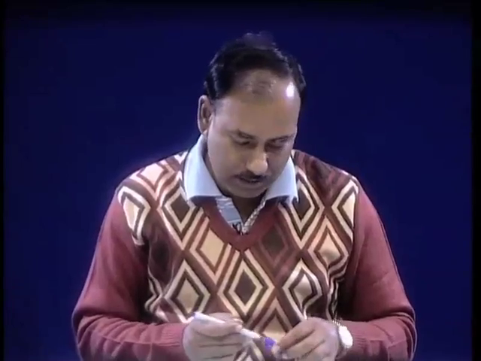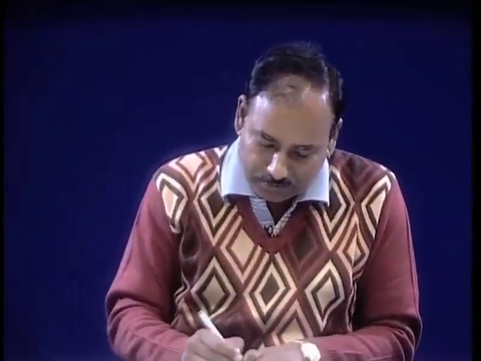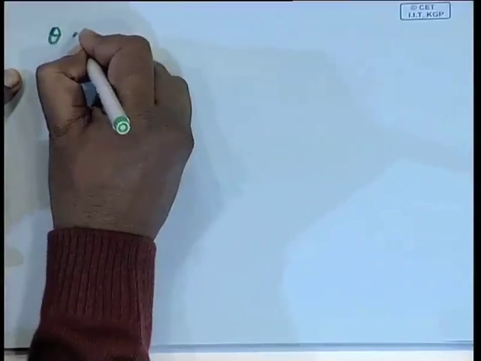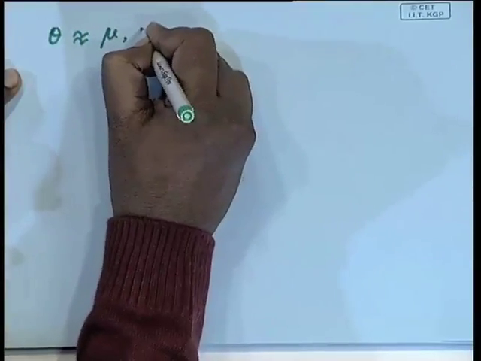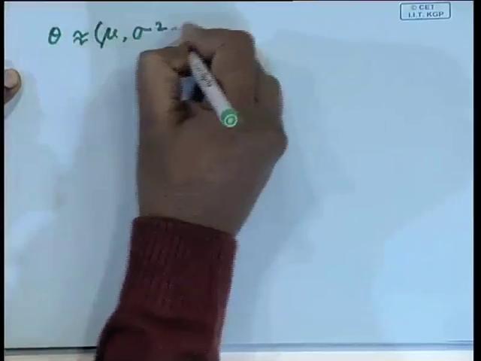Now, let us take the more general case, assuming that neither do we know mu nor do we know sigma square, that is, both mean and variance are unknown. Okay. So, over here our parameter vector theta is nothing but mu and sigma square.